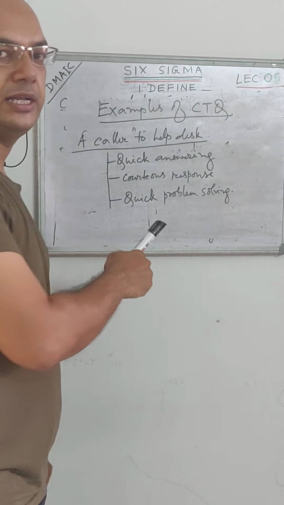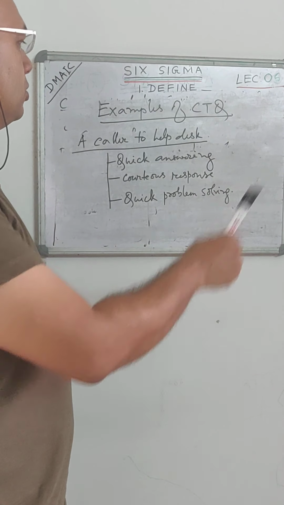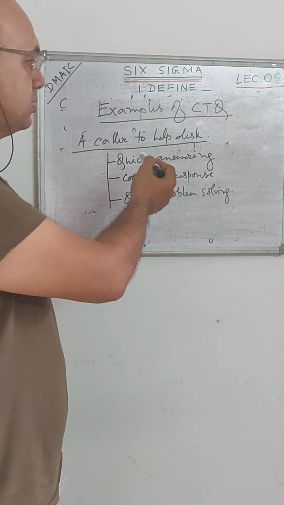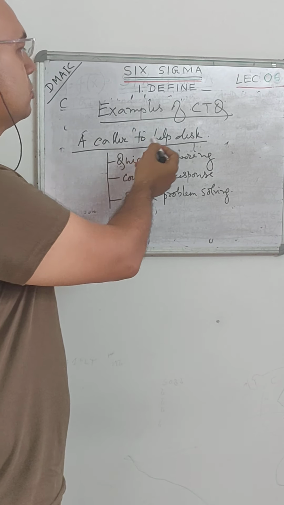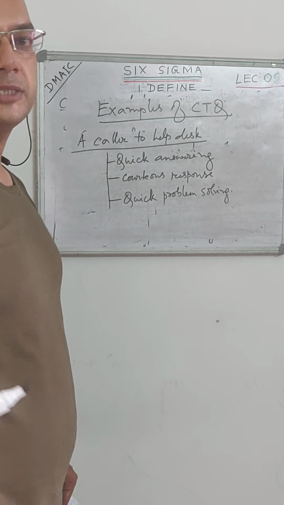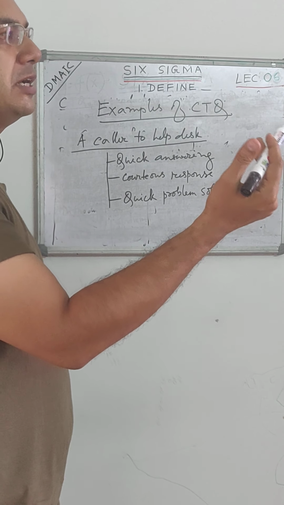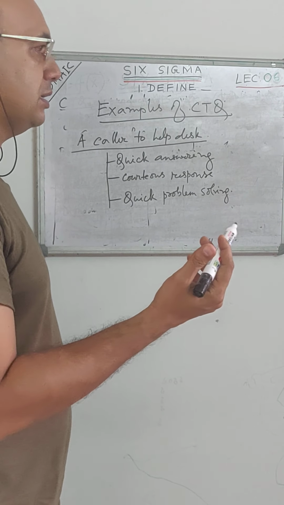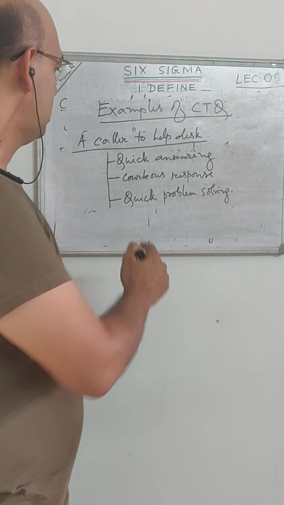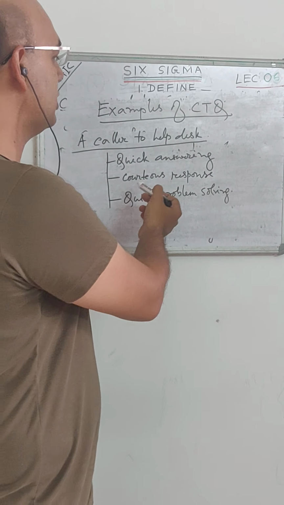Another example we can take from our service sector. So we have BPOs and other call centers. What are the requirements of a customer to a service center? Like a caller to a help desk. What is the requirement? Like quick answering. We all expect the answer or response from the other side to be very quick. Long queuing or waiting time is not desirable. And the person attending the call should give a courteous response.